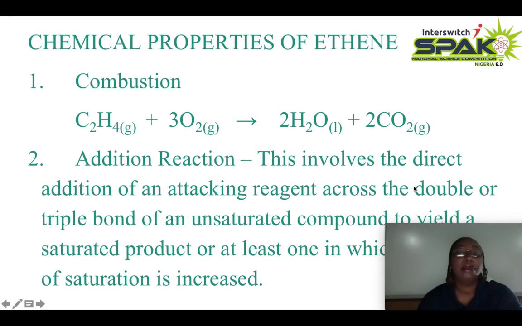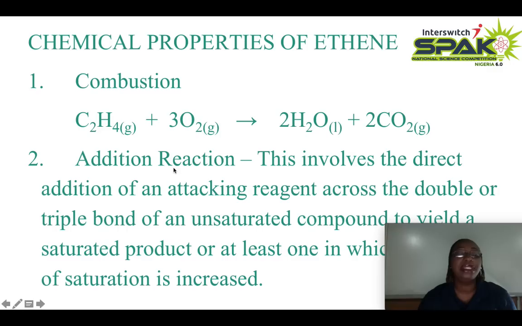And we have the chemical properties of ethene. Like I said earlier, all organic compounds can undergo combustion. Excess air will give you CO2 and water. Limited air will give you CO and water. What major reactions does ethene undergo? If you can remember, I said that alkanes undergo substitution, alkenes undergo addition reaction.